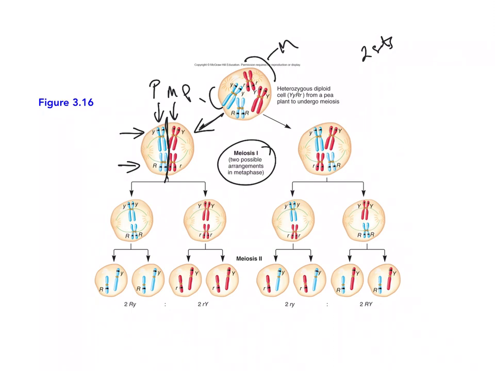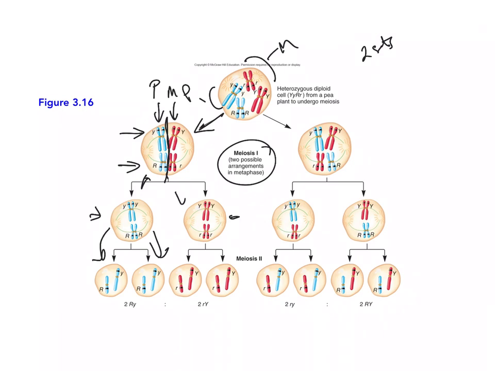Now again, these will divide and produce these two cells at the end of meiosis 1. We are at metaphase again and we're lining up. Notice that we're still maintaining the same orientation that we had up here at the top. So these alleles are then going to segregate into the haploid gametes at the end of meiosis 2.